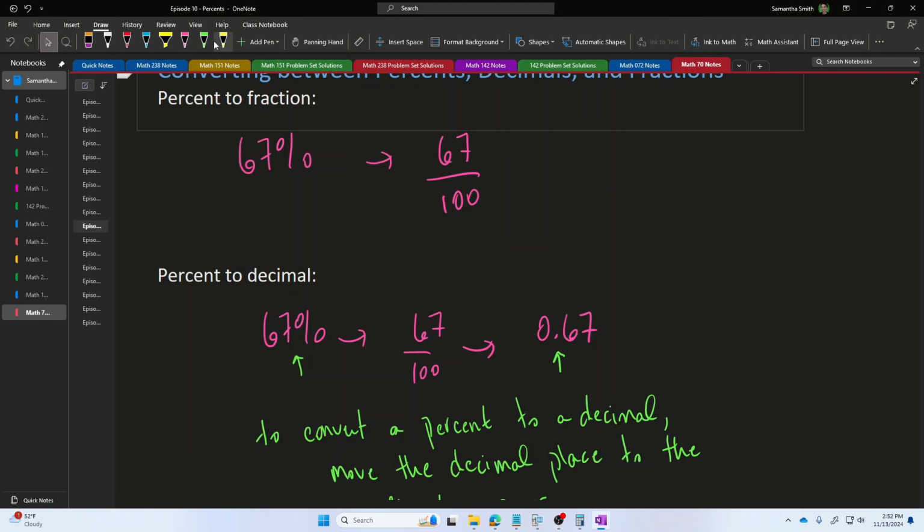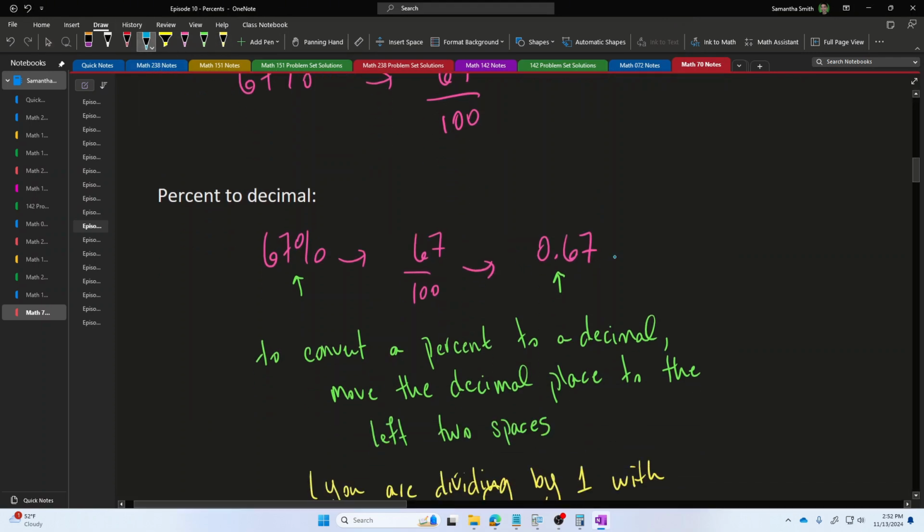Here's a little mnemonic that I came up with to help to remember which way the decimal place goes if you're doing this conversion. So if I'm converting a percent to a decimal, if I think of percent as being represented by the letter P, the letter P has this sort of lump facing off to the right side, right?